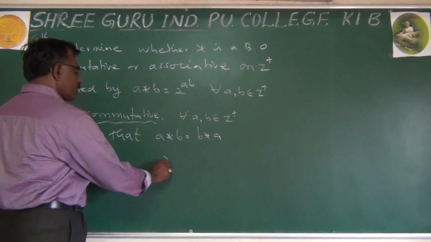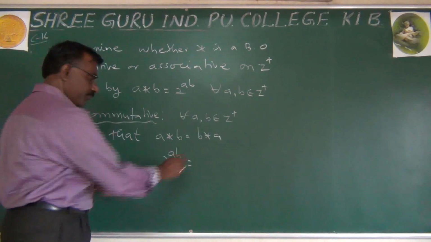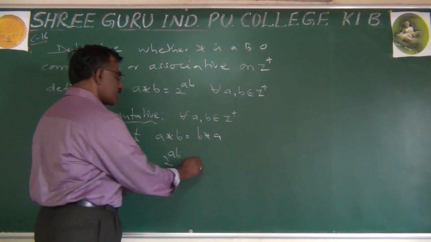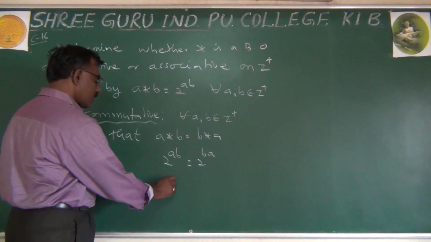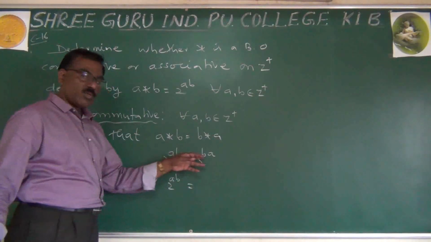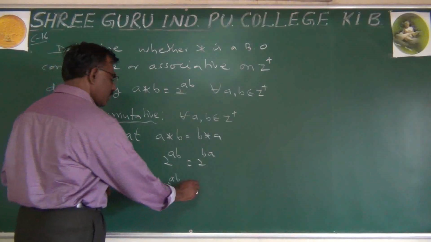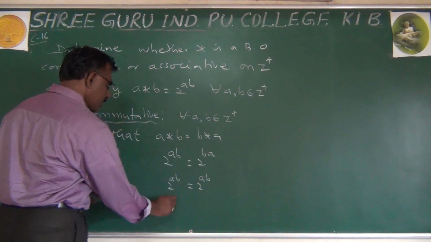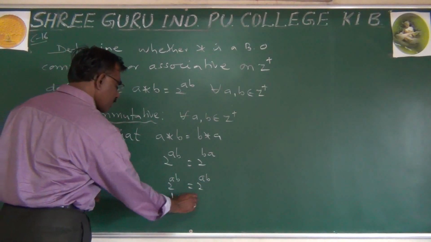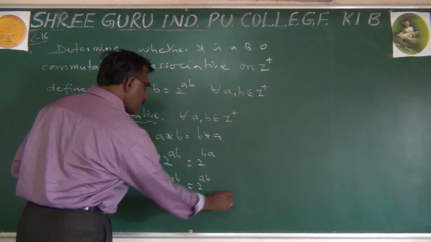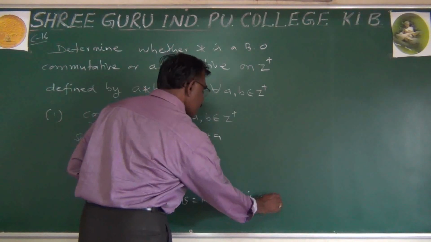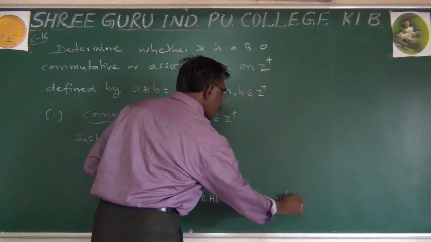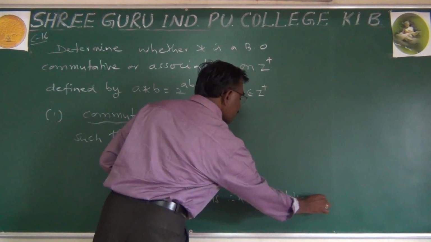A star B is 2 to the power AB. B star A is 2 to the power BA, and BA is the same as AB, so 2 to the power AB. So LHS equals RHS. Therefore, star is commutative on Z plus.